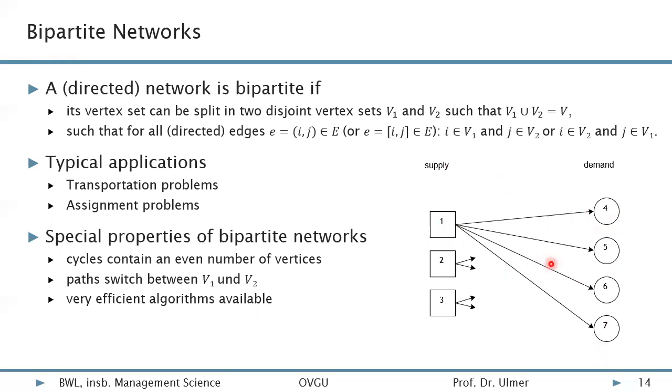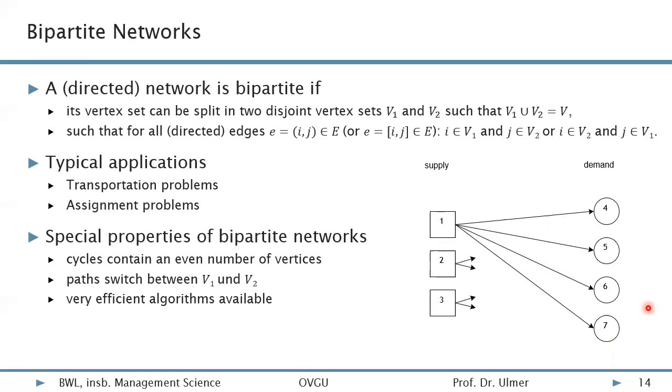Another application is an assignment problem. Assume we are on a job fair, or we have some job applicants. We have 3, 4 jobs to fill and 5 candidates. Then the candidates could be on this side, and these could be the jobs, and an arrow could indicate which candidate is in general suitable for a job.